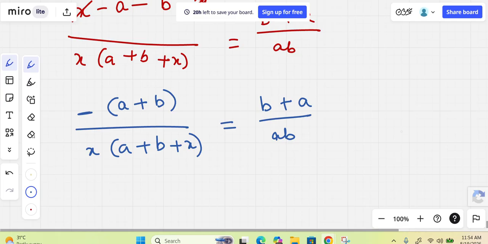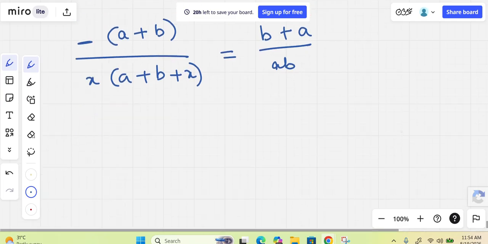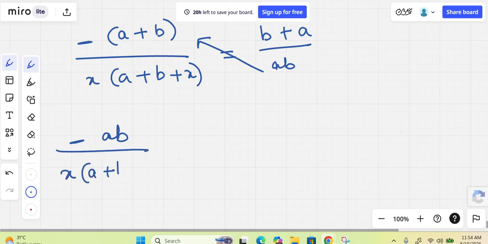Now, let the minus be here only. See, I'm bringing this ab up, and I am taking the other thing here. What will happen?